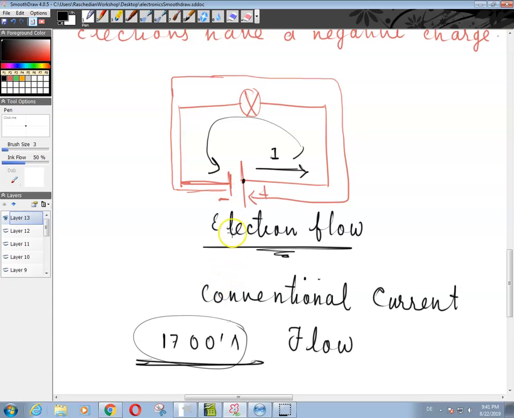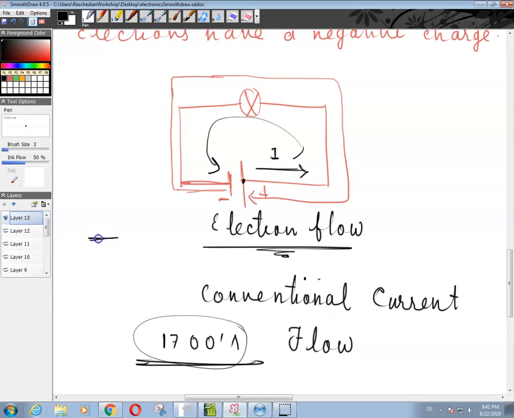But if you read most books in electronics, they are still based on the conventional current flow because of many reasons. For example, even the semiconductor schematic that we have today is based on the conventional current flow.